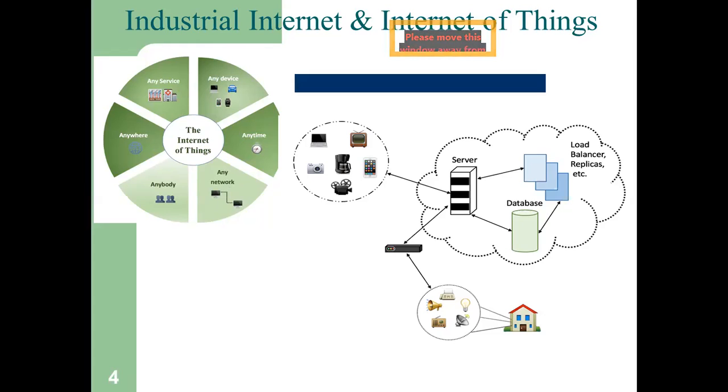It is based on the internet, so it is called the internet of things, because the whole working process is based on the internet, that is, the connectivity. If we have the internet facility, then we can use this industrial internet.